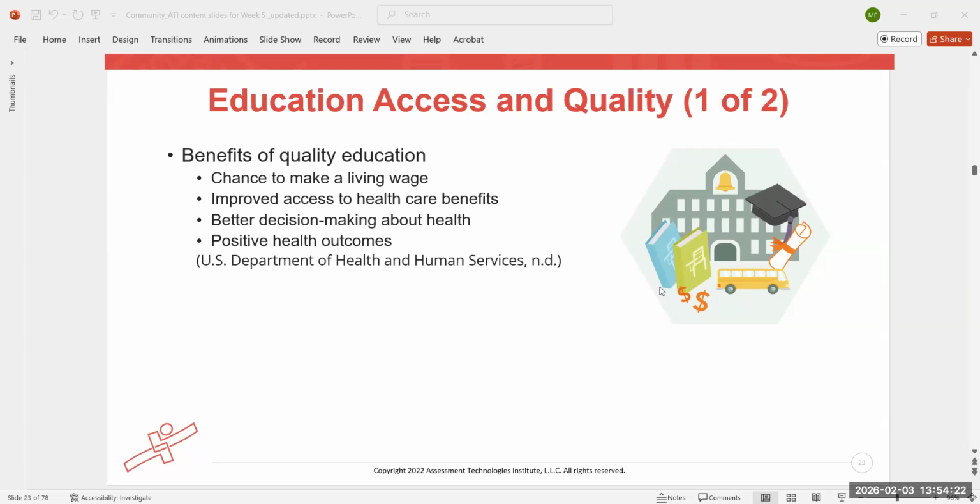They'll have improved access to healthcare benefits down the road. They can make better healthcare decisions for themselves and their families. There can be more positive health outcomes, and a better understanding of what positive health looks like.